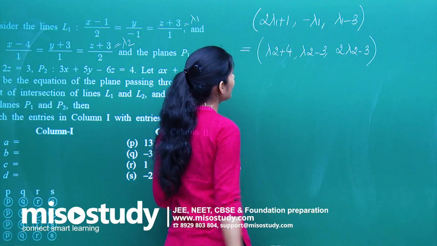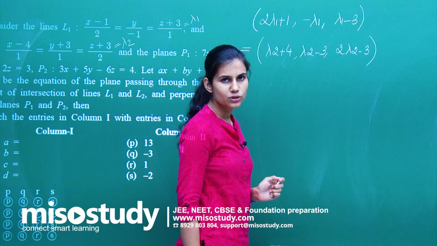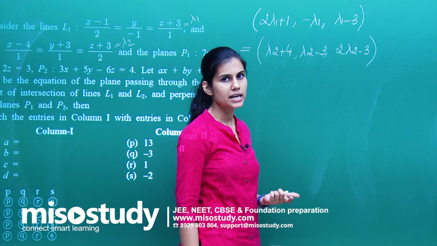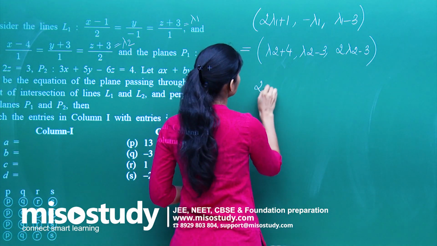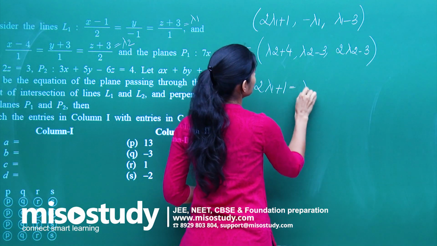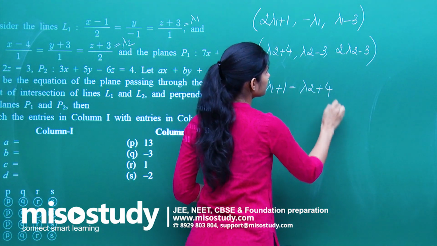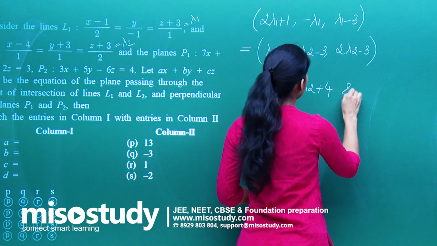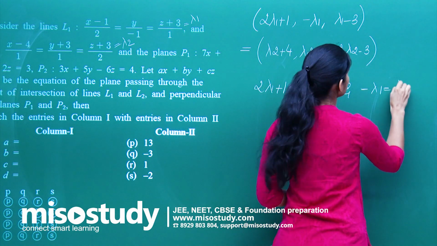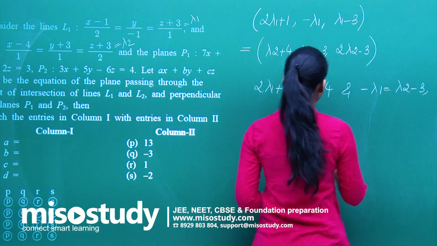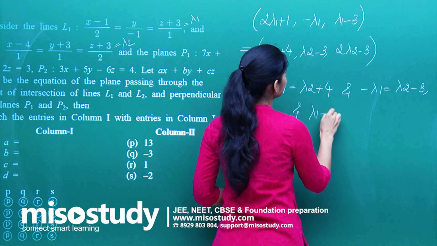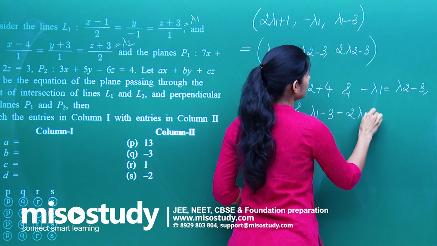For which values of lambda 1 and lambda 2 will they be equal? That is going to give you the point of intersection of the two lines line 1 and line 2. So, you basically get 2 lambda 1 plus 1 equals lambda 2 plus 4, right? And you get minus lambda 1 equals lambda 2 minus 3, and you get lambda 1 minus 3 equals 2 lambda 2 minus 3.